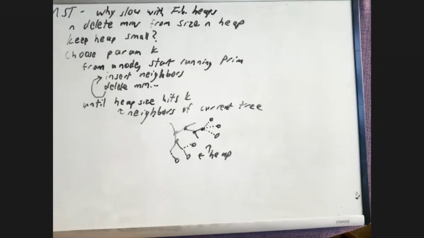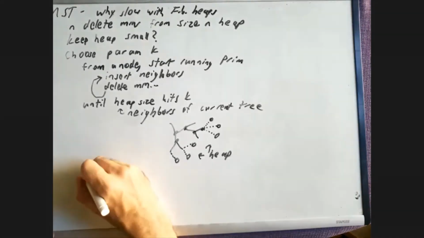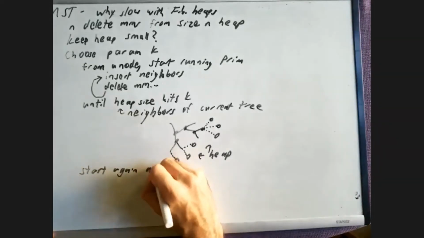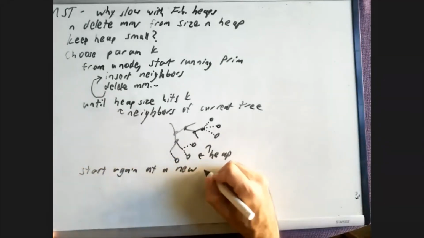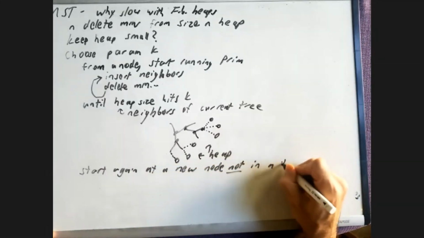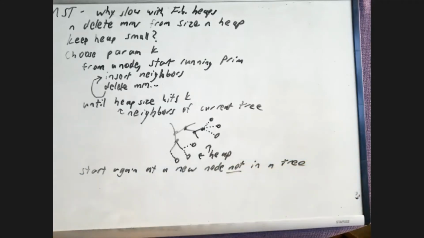So now I've reached a point where I can't keep running Prim's algorithm because the heap is too big. So what should I do? Start at a new node. Start again at a new node that is not in a tree. So basically I grow a first tree and I mark all of the nodes that get into that tree.